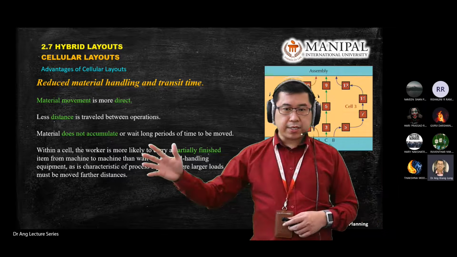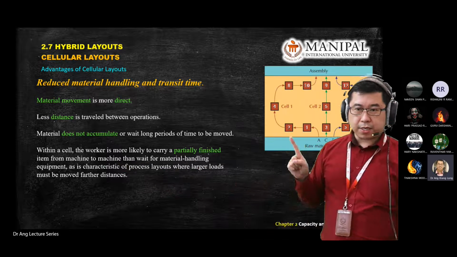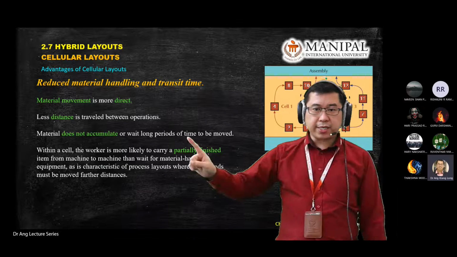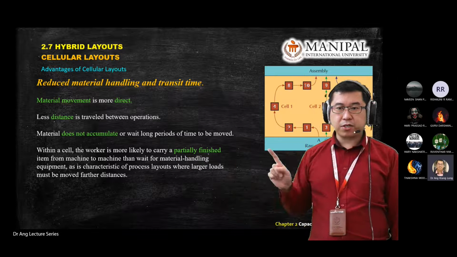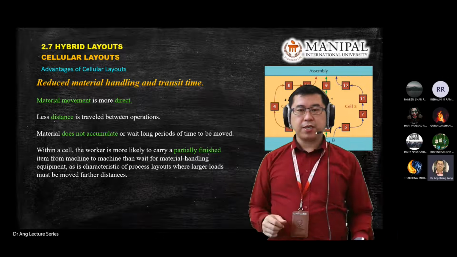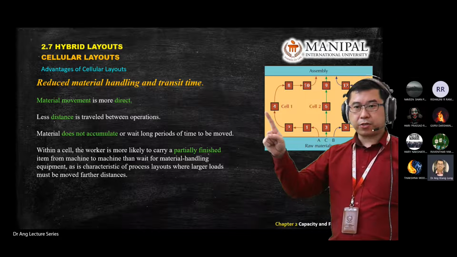The next one is more on application. So within a cell, this is one cell. Within a cell, the worker is more likely to carry a partial finish along the process. Partial finish means maybe the part only needs machine 1 and machine 4.